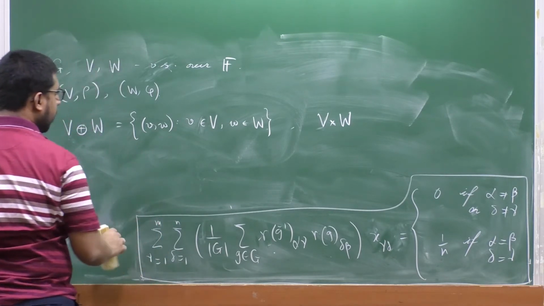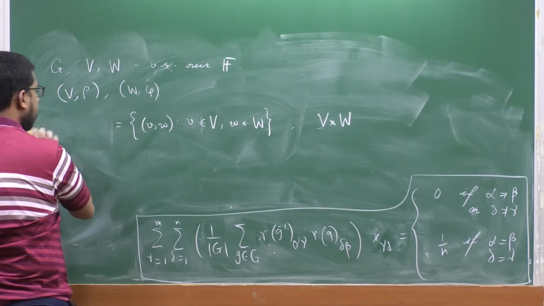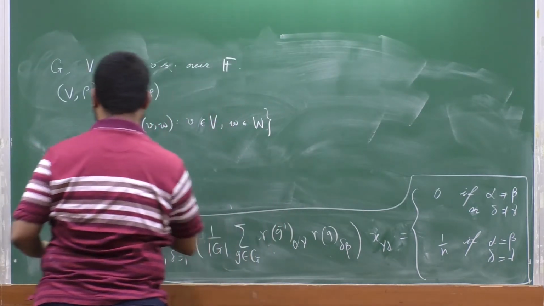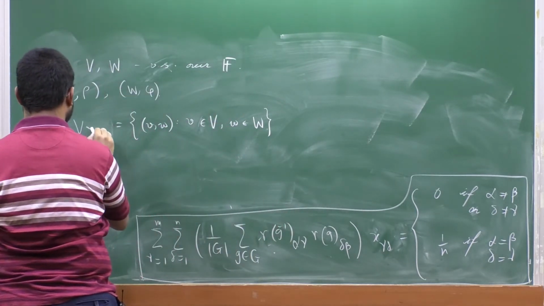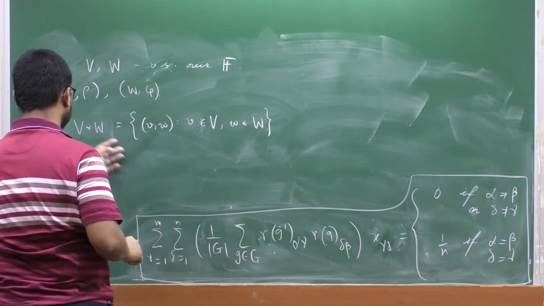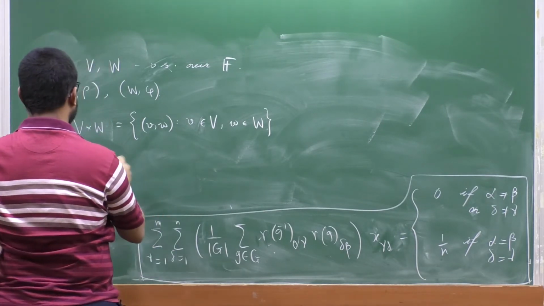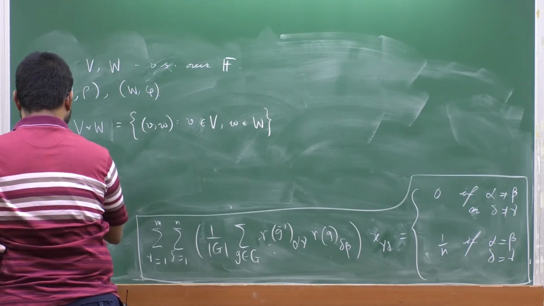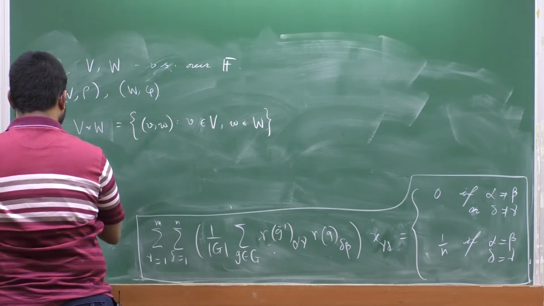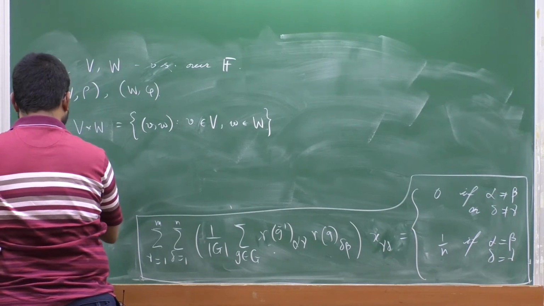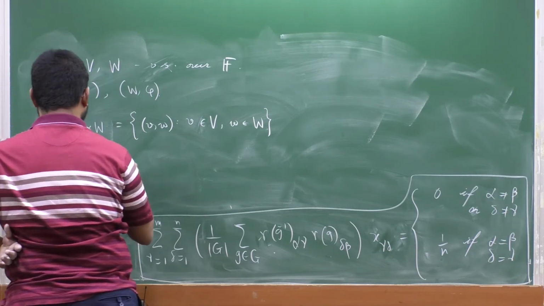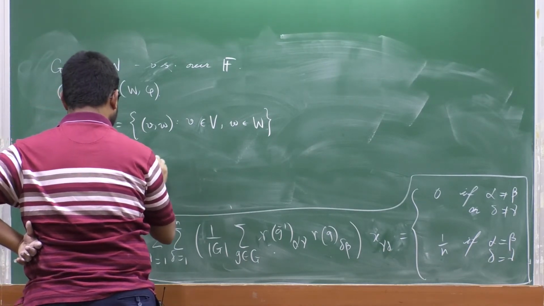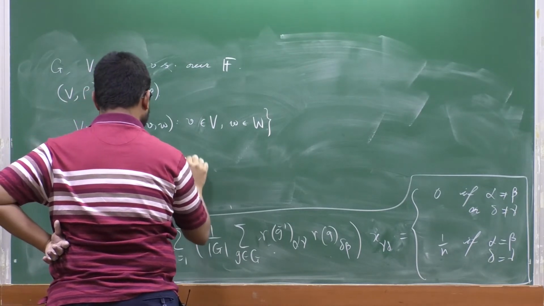Or if this bothers you, then for the time being we can write this. Okay. Now, what we do is we talk about another representation of G on this V direct sum W. We send each g to rho g, phi g.